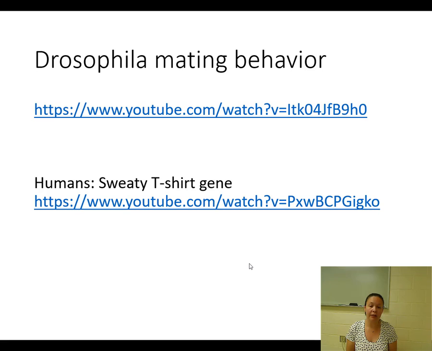It has been called the sweaty t-shirt gene. And so there are scientists trying to figure out why human females are attracted to certain males. What scientists did is they had males wear t-shirts until they became sweaty, and then had females smell these various different types of t-shirts. And then the females would choose which ones were the best smelling to them.